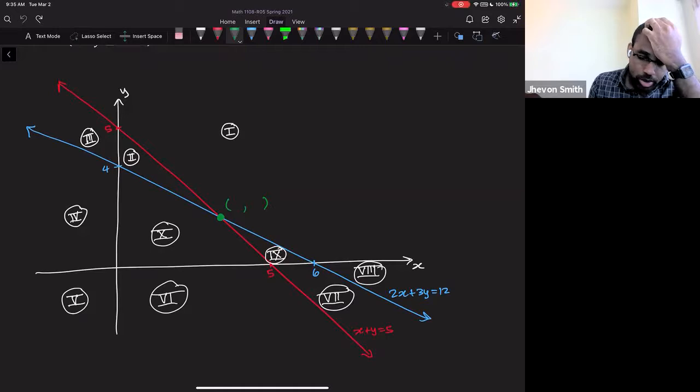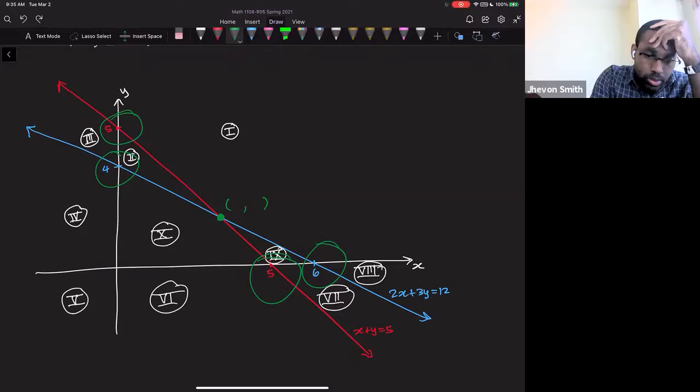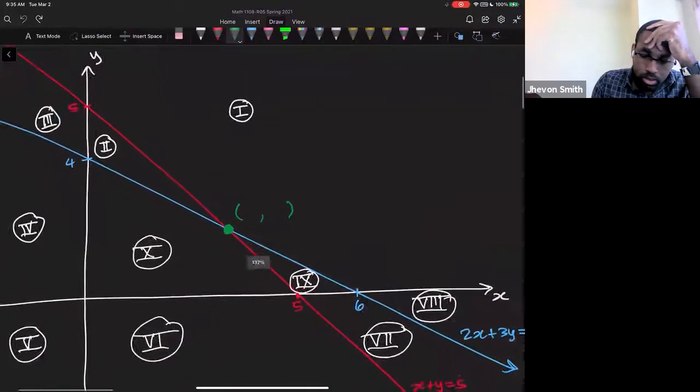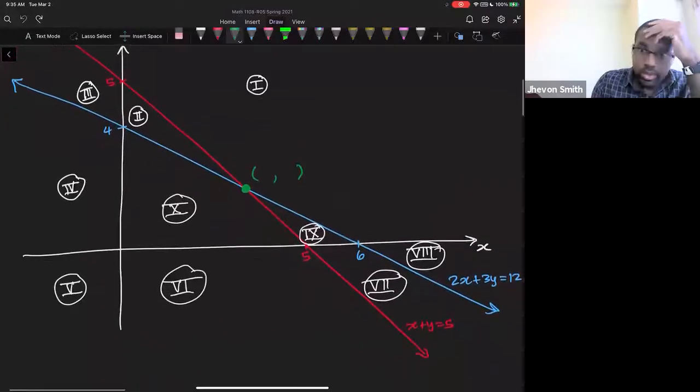They're actually the intercepts. So this one is 5, 0, that's 6, 0, that's 0, 4, 0, 5. The origin is 1. The points you want to find would depend on the region. So what was this one? The green dot.